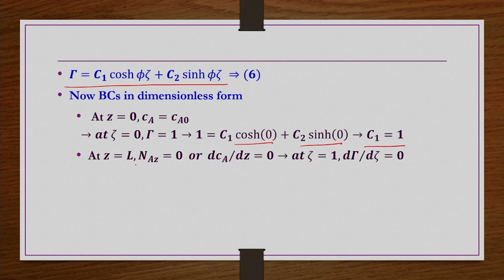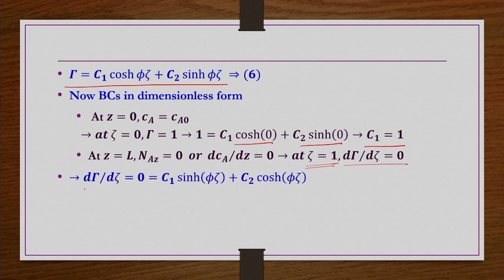And then at z is equals to L, NAZ is equals to 0, or dCA by dz is equals to 0. If z is equals to L, that means zeta is equals to 1, and if dCA by dz is equals to 0, that means d gamma by d zeta is equals to 0 in dimensionless form. That means you have to get what is this d gamma by d zeta. d by dx of cos hyperbolic x is sin hyperbolic x.